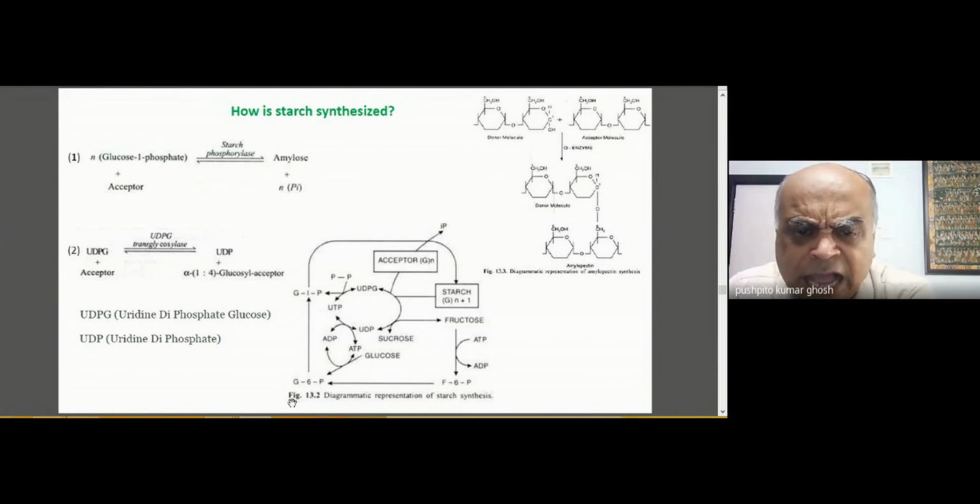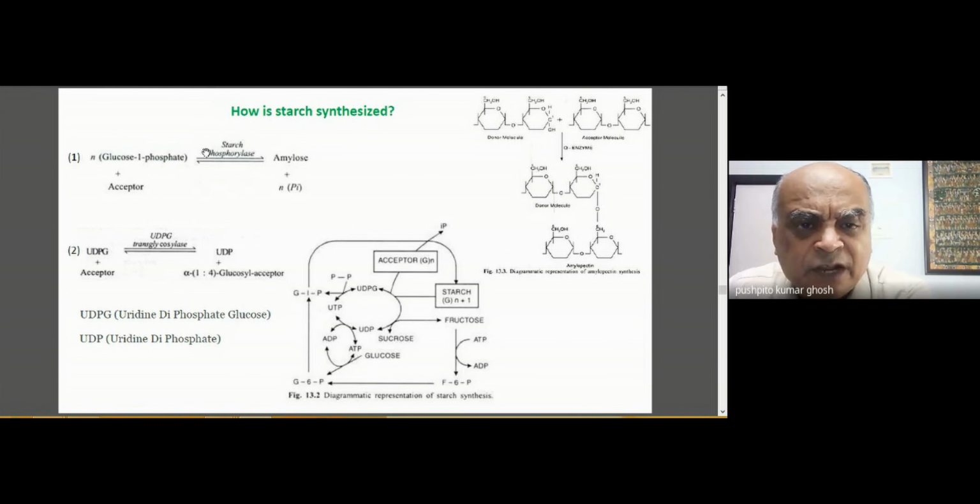And you can have a look at it in your spare time, but the basic enzymes that are required are again the same. You can see uridine diphosphate glucose, like we had seen for sucrose, and when the glucose goes off, you are left with uridine diphosphate. So it's nothing different. It's the same kind of thing. Okay.